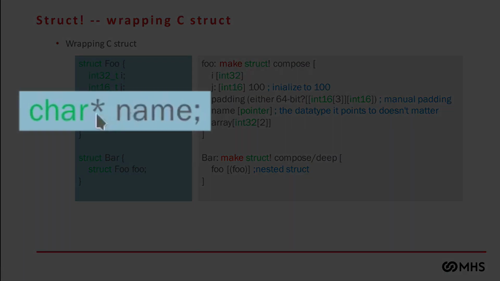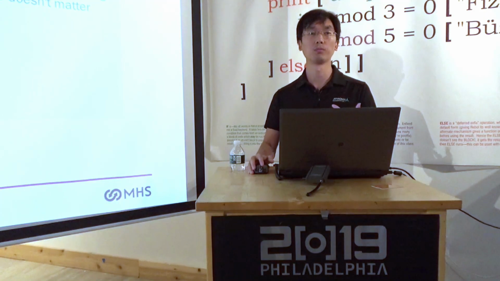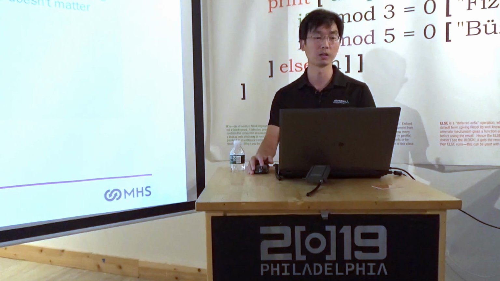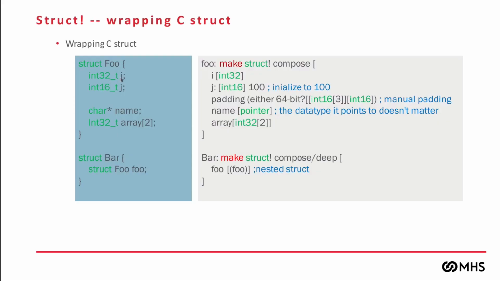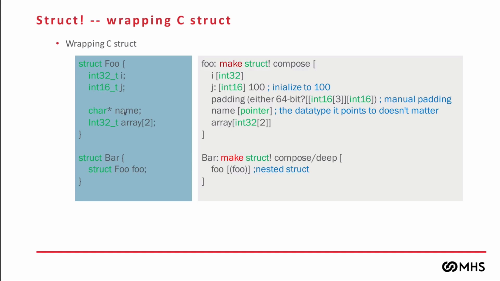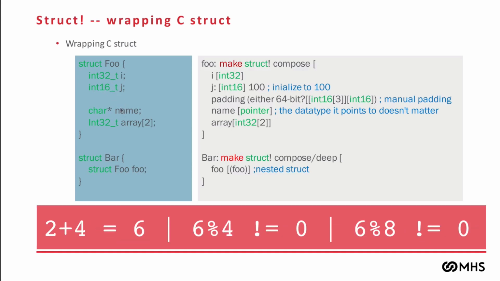On most CPUs, pointers have to be aligned on 32-bit, I think, to a multiple of 4, and on 64-bit, it has to be aligned on a multiple of 8. If you look at this, the offset of that one in this struct is not a multiple of 8 or 4. This is a 2-byte and that's 4, so it's a multiple of 2. So you need to pad that.